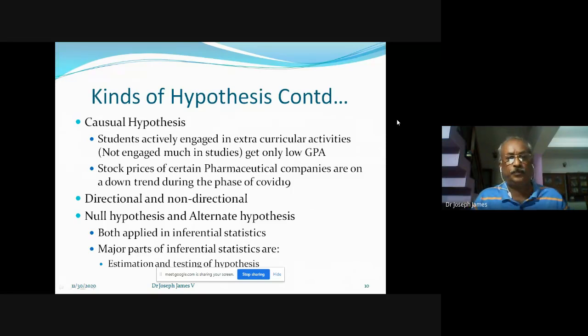For example, null hypothesis is a particular situation which is applied particularly in inferential statistics. Inferential statistics is concerned with the estimation and the testing of hypothesis. In inferential statistics, one of the major parts is testing of hypothesis, and null hypothesis is formed for the purpose of testing hypothesis.